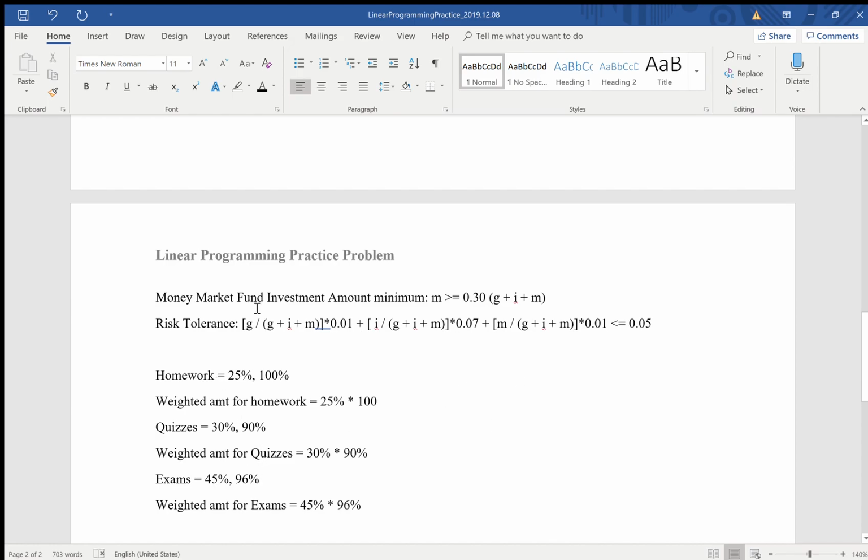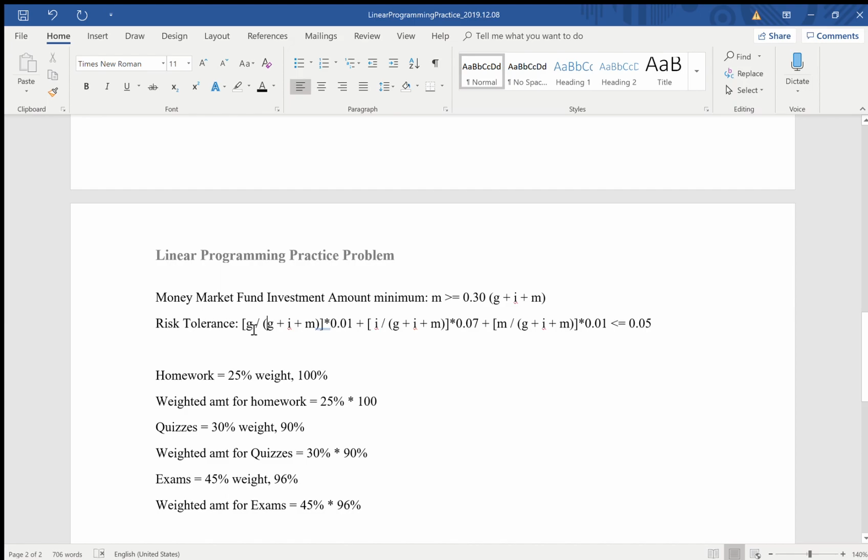Now, in this particular case, what the problem says is that these weights are calculated by the percentage of how much you've actually invested in each fund.